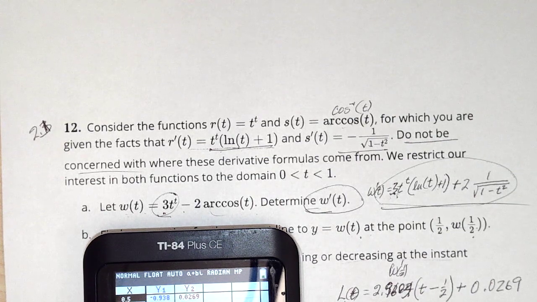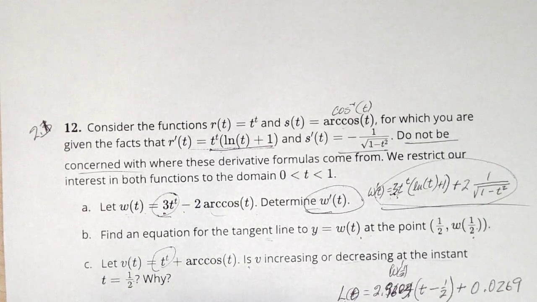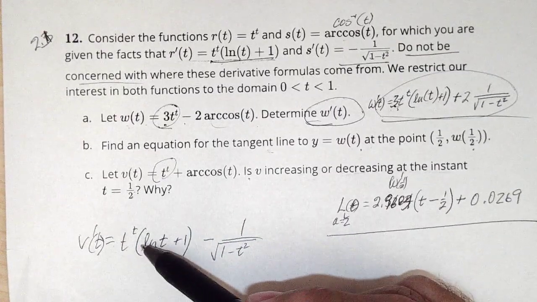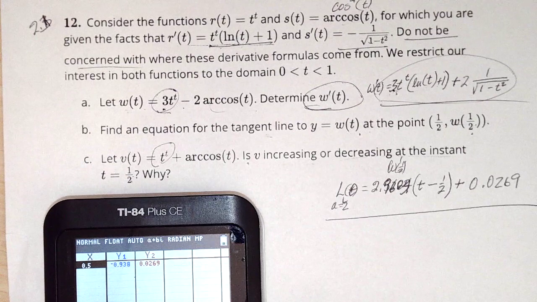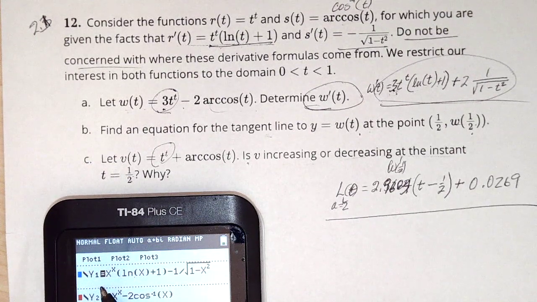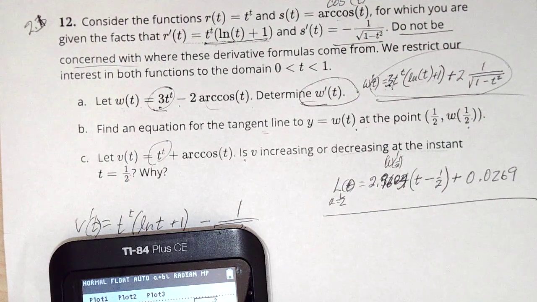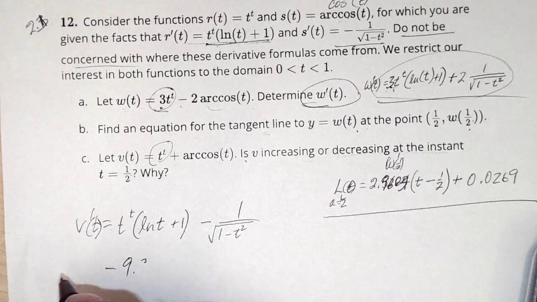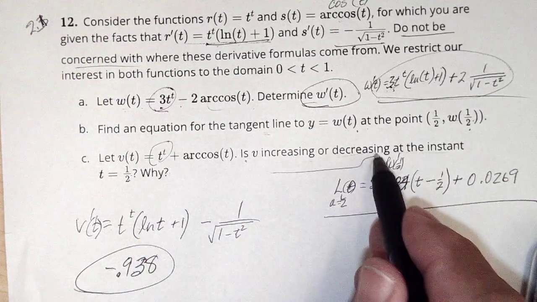But go to y equals, and at a half, if I plug in a half into this, v prime of t, I get negative 0.938, which means it's decreasing.